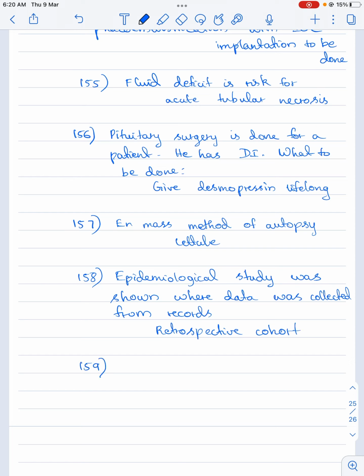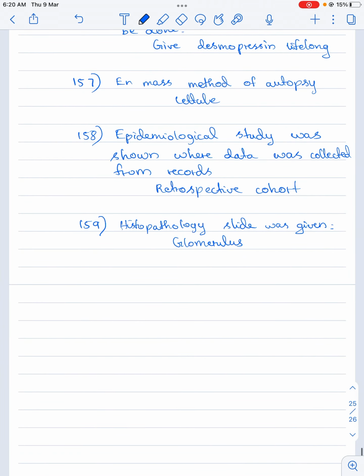Next question. A histopathology slide was given, and that is also a little confusing one. So the answer to that is glomerulus. Next question.